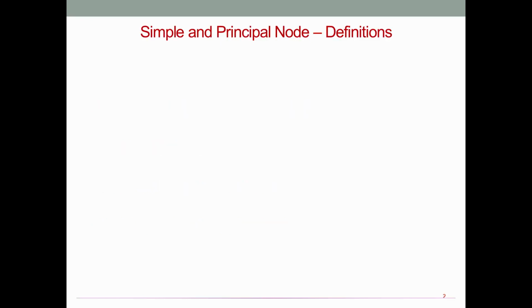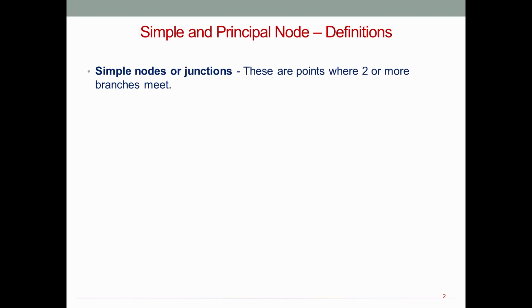Simple and principal nodes. Simple nodes are two or more branches meeting at a point. For example, let us see this circuit diagram. I can say this is one node where voltage source branch and resistance connected together. I can say this is another node where three resistive branches connected together.